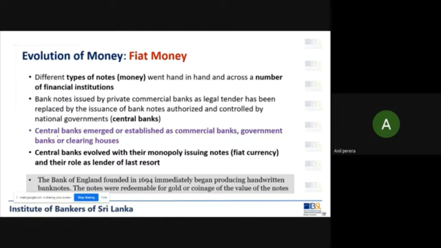Now originally the central bank is not actually a government bank. Originally the central banking function was assigned to a private bank. The UK government said, okay, you act as the central agency for this. So it's a private bank.